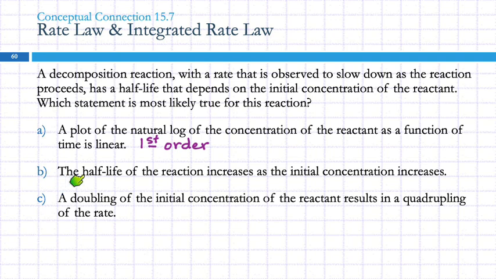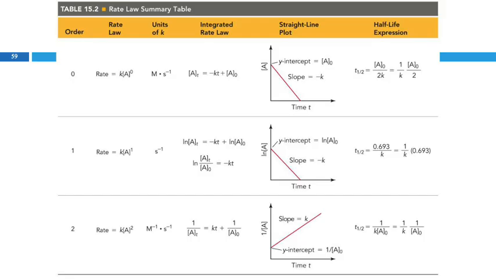The half-life increases as the initial concentration increases. Which one is that true of? We forgot already. Which one of these would t 1/2 get bigger if A got bigger?